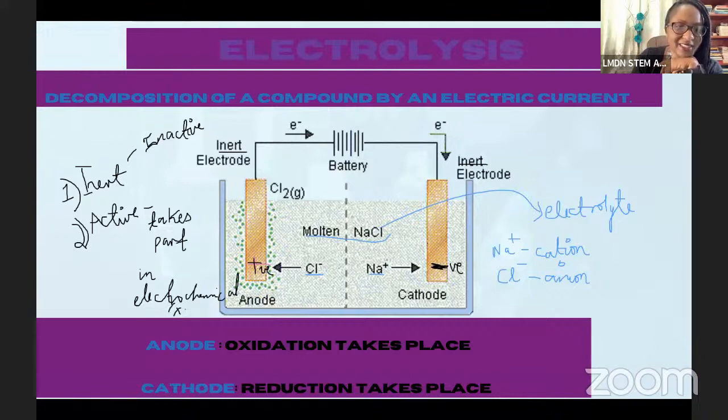But if it's inert, it's not going to affect anything. And oftentimes, to avoid any complication, people will just use inert electrodes, right? So you know it's inactive, it's not going to compete with anything, it's just going to be there, and whatever happens, happens. It's just as a result of the electrolyte species themselves that are going to affect the electrochemical reaction, and not the electrode. The electrode is not going to participate in it at all from a reaction standpoint.